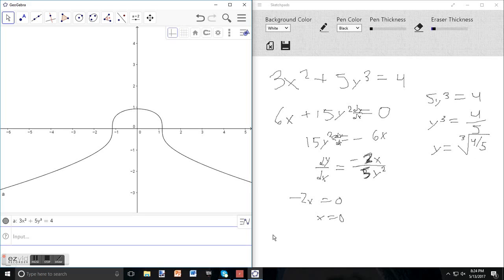So the horizontal tangent is at 0 and the cube root of 4/5. The reason that this one's not plus or minus is because it's a cube root, and so there'll be no plus or minus. Then for the vertical tangents, we set the denominator, 5y squared, equal to 0.